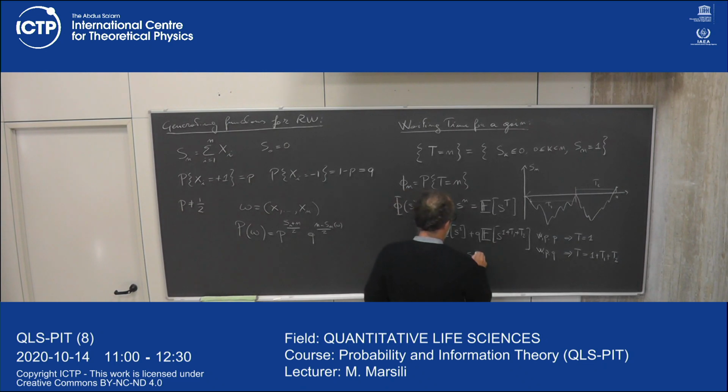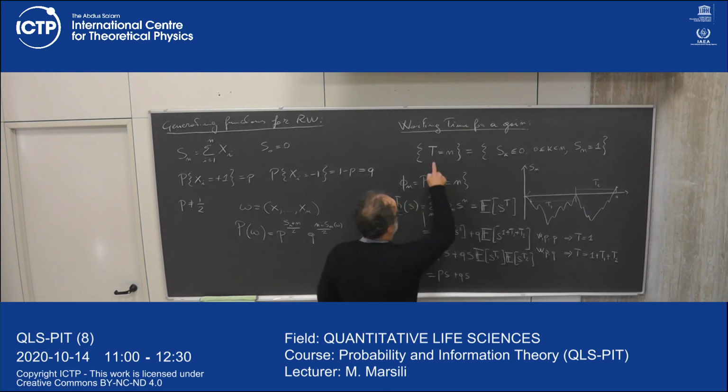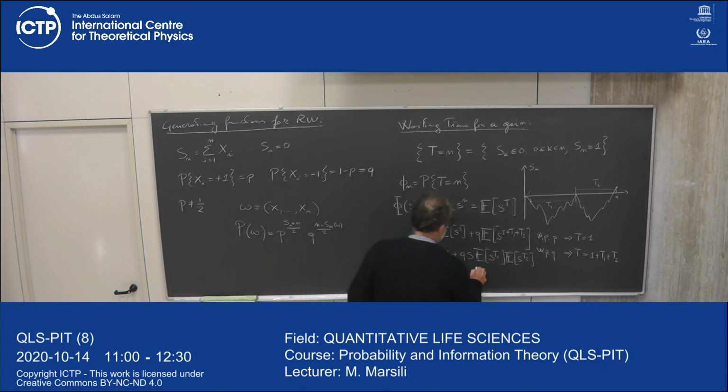And then I have the expected value of s to the T1 and the expected value of s to the T2 because they are independent. Each of these has the same distribution as T, so its generating function is just given by phi. So this is phi squared.